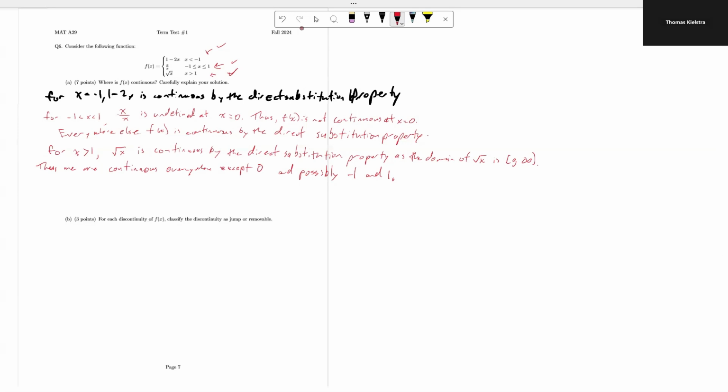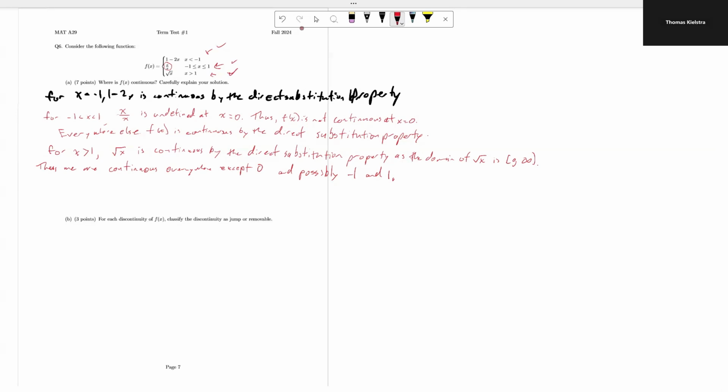And within that interval, I checked to see, are there any domain restrictions? Is the function not continuous by domain restrictions? If it wasn't, that would give me a discontinuity. And I got one at 0. So we have to be careful that within these pieces, I don't have a domain constraint or a discontinuity because of a division or a square root or a ln of some kind. We have to be really careful about our discontinuities within the functions.